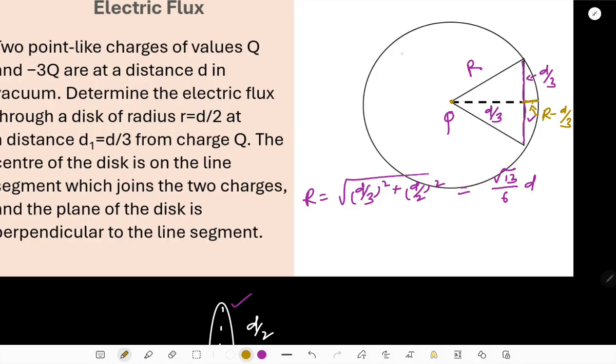I put this charge q at the center of this sphere so that I can find the flux easily.